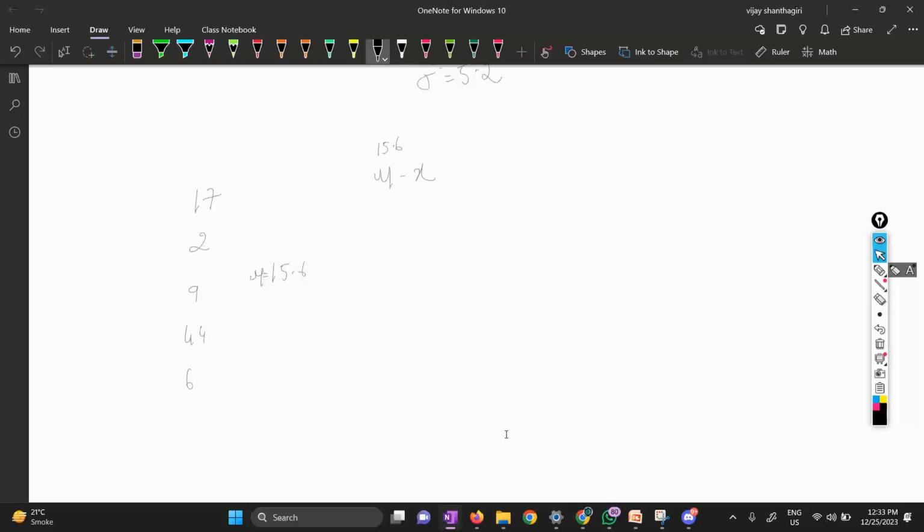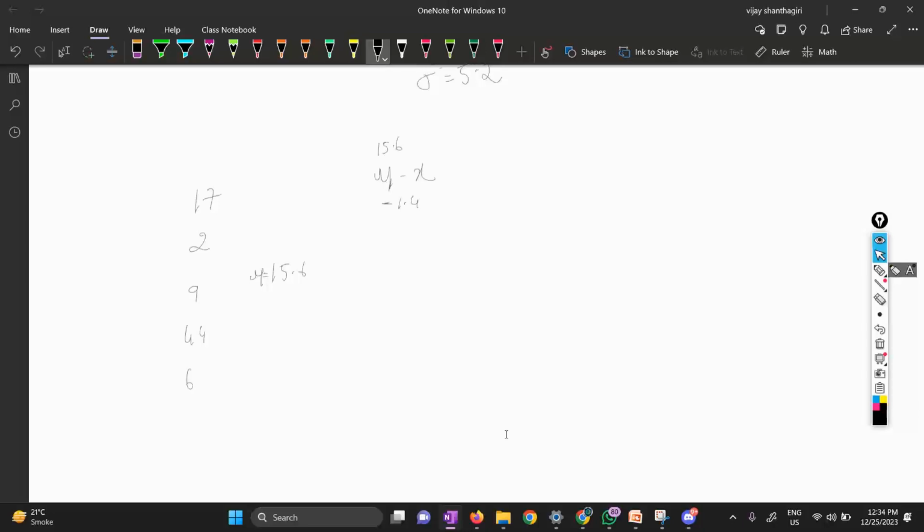No, I calculated in my mind. No, do open the calculator from your mobile. Mu is 15.6 minus 17, minus 1.4.